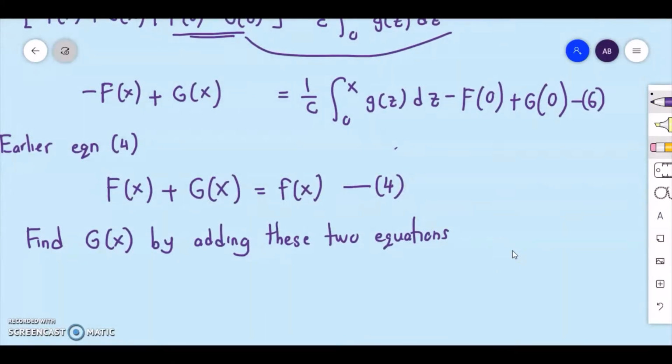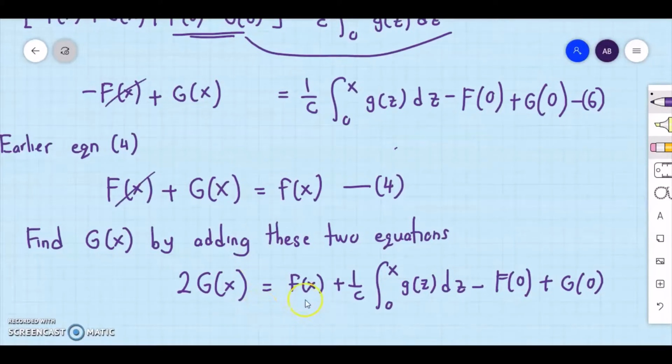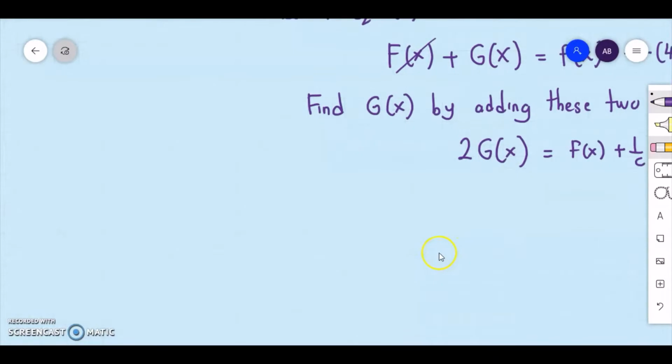Okay, so what happened when I add them? This term cancels out. These two will give me 2Gx equals fx plus little f plus 1 over c integrate from 0 to x gz dz minus f0 plus g0. So this is the equation for my big G. Now I can divide everything by 2.